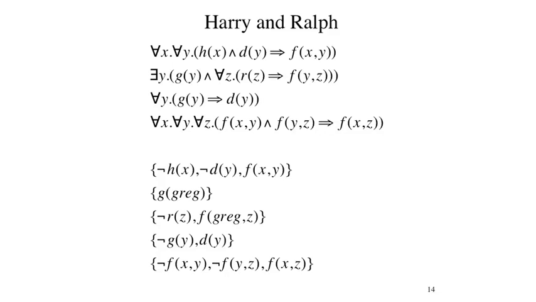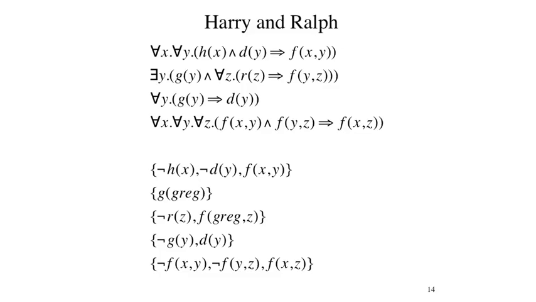Now we have to convert the premises to clausal form, and that's done as shown here. The first sentence leads to a single clause. The second sentence leads to two clauses. This is actually the case we saw earlier in the conversion to clausal form. We have g of Greg and the clause consisting of not r of z and f of Greg z.